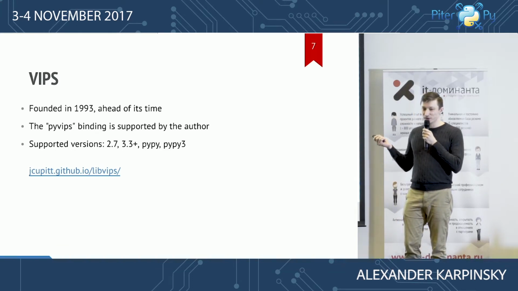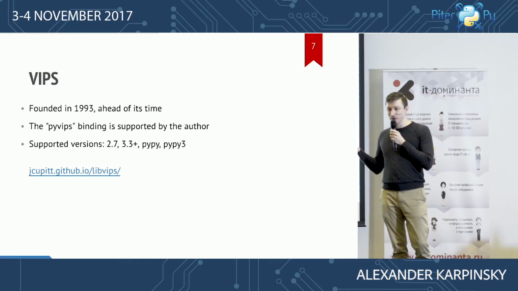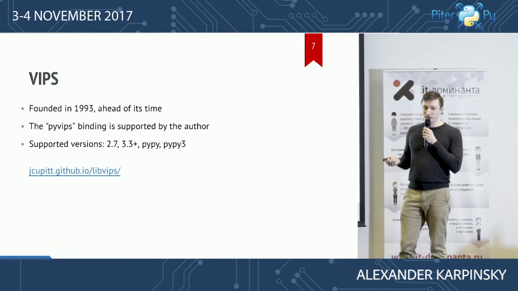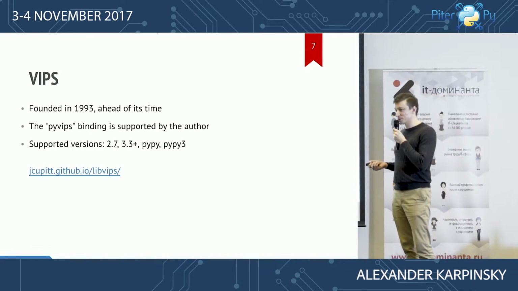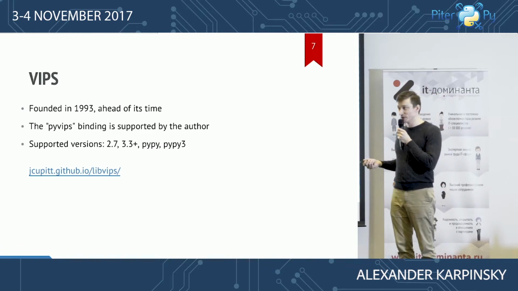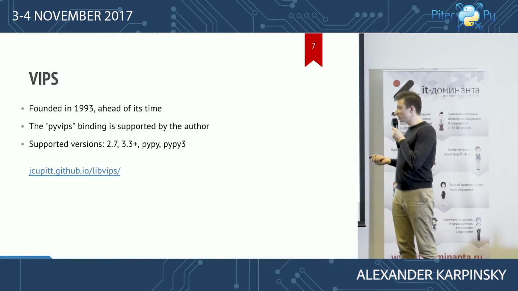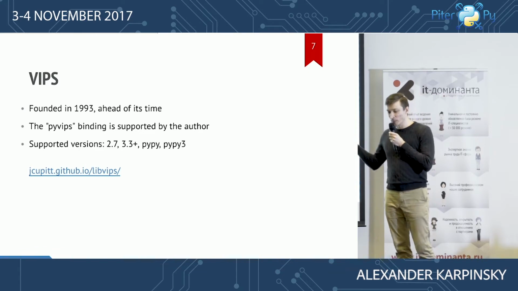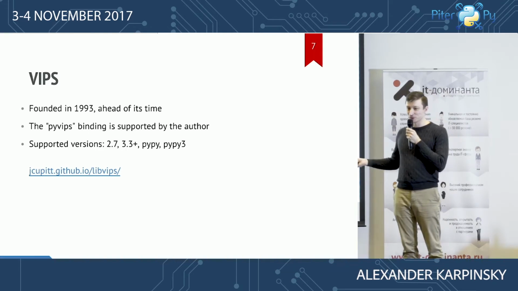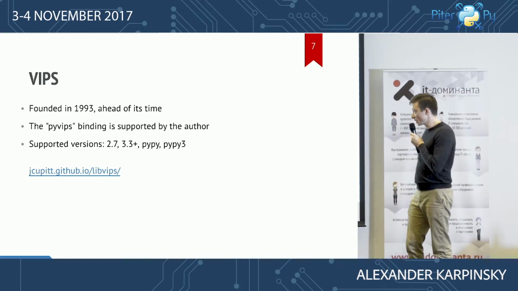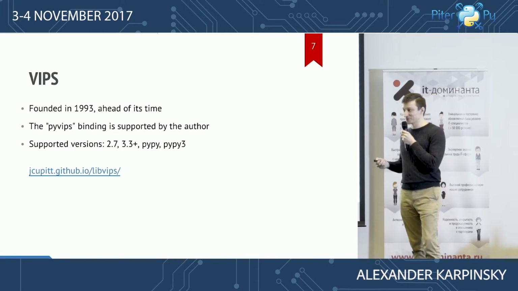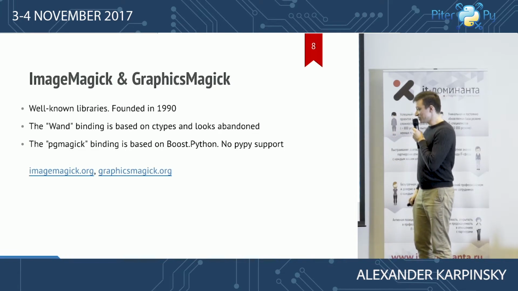Today, for VIPS, there are lots of bindings for today's languages, for Go, Ruby, and Node. And for a long time, there was quite a strange binding for Python, which I tried to assemble, but it was too difficult to install it. Fortunately, the situation has changed. A couple of months back, pyvips was released, which is easy to handle, and accordingly it supports all Python versions which are used today.